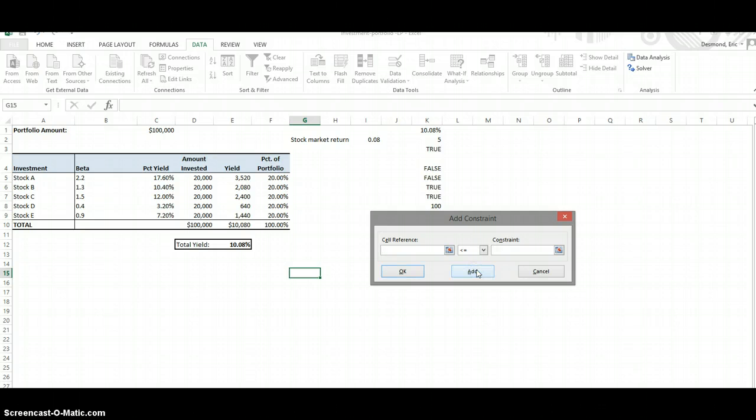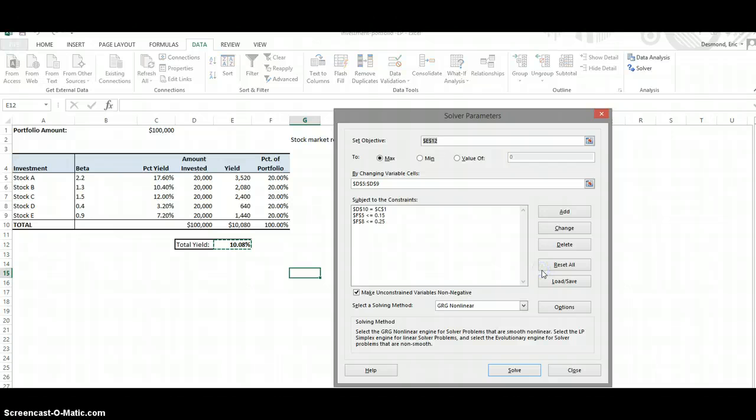We hit add, and then we find the lowest one, lowest beta, 0.4. 0.4 cannot exceed 25% of our portfolio. And these are just random numbers. What we're trying to do is come up with the best way to develop our portfolio. We hit add, and then we cancel it out.